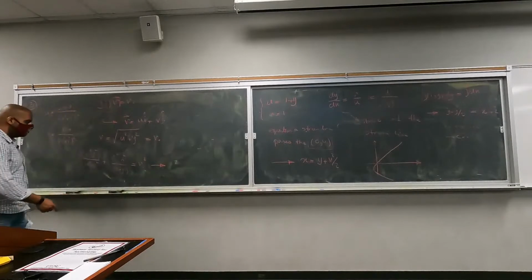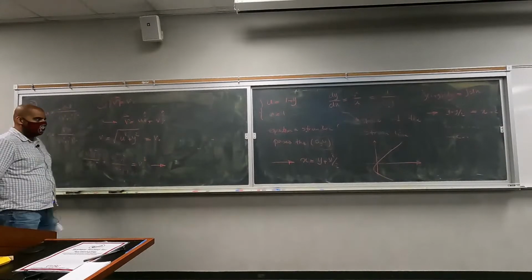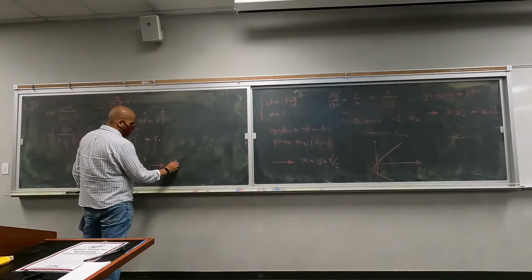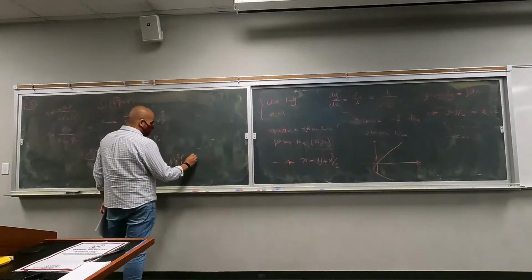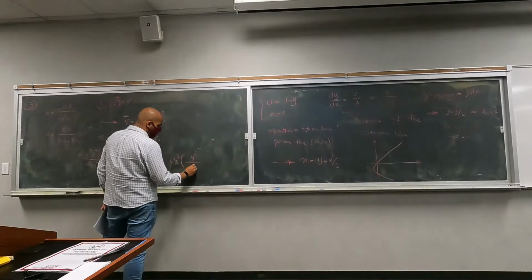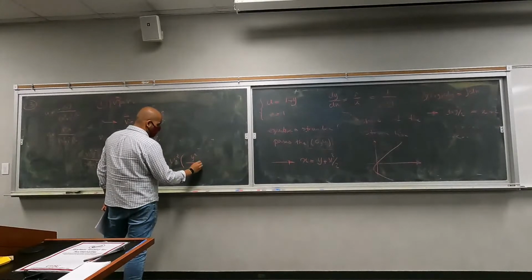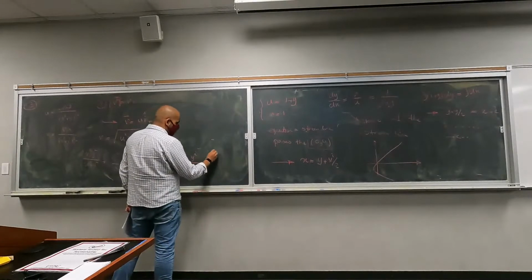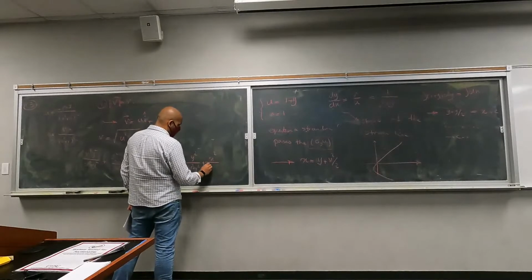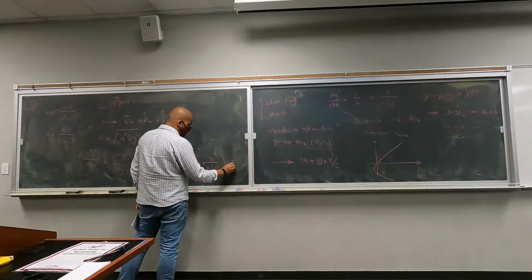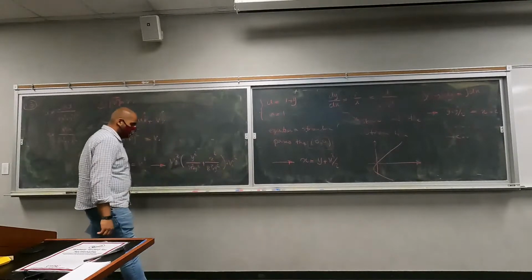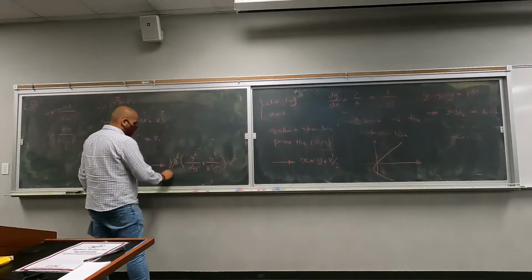So I'm going to take V naught squared out of these two components. It's going to be V naught squared times y squared over x squared plus y squared plus x squared over x squared plus y squared, equals V naught squared, right? These two will cancel out.